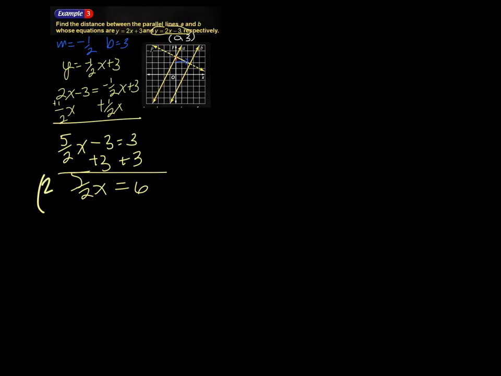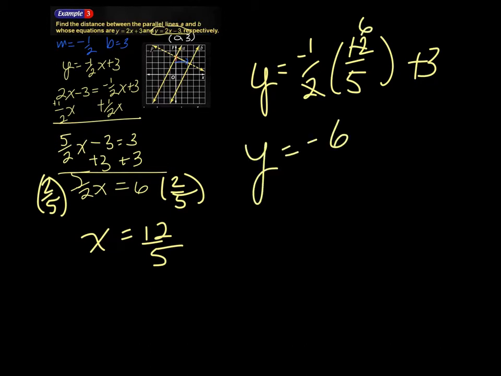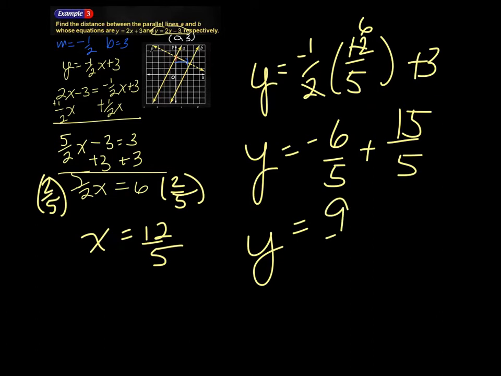We multiply both sides by the reciprocal of 5/2, which is 2/5. I get lovely x = 12/5. I can now take that and substitute it back into my y equation to find y. I'm just going to use that one. Negative 1/2 times 12/5 plus 3. Cancel. So y = -6/5 + 3, I can make the 3 into fifths, 15/5, so y = 9/5.